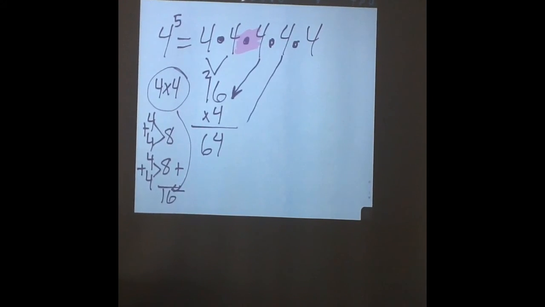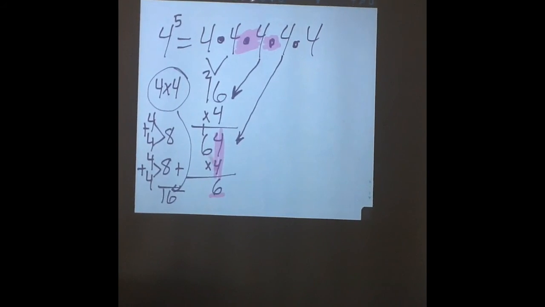I take this 4 and I want to times it by 4. I'm multiplying, right? 4 times 4 is 16. What do I do with the 1? Regroup, or carry it over, right?